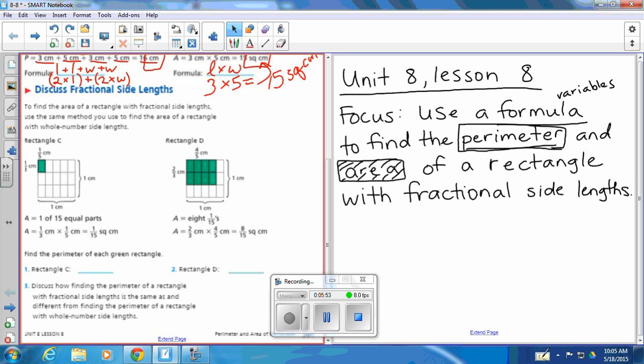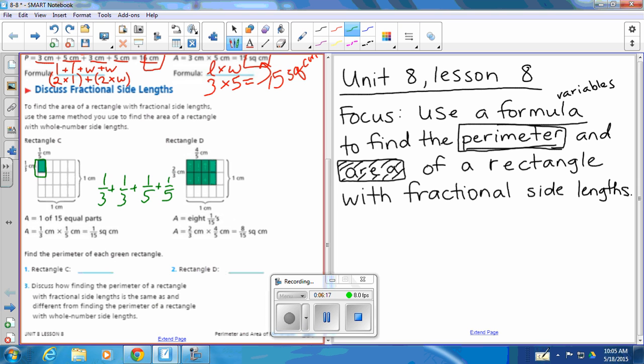Okay, so looking at rectangle C, if we wanted to find the perimeter of it, we need to add all sides around it. So we have 1/3 plus 1/3 plus 1/5 plus 1/5. So knowing what we know about fractions, when we're adding, we need to have like denominators.